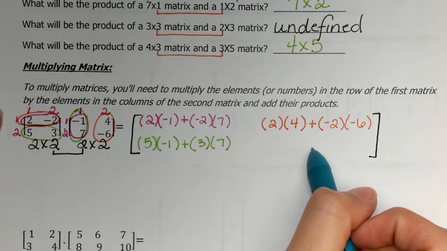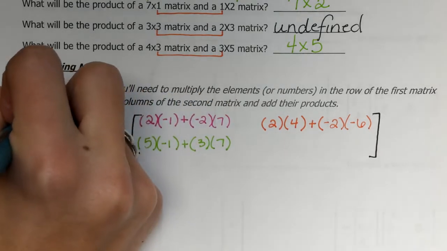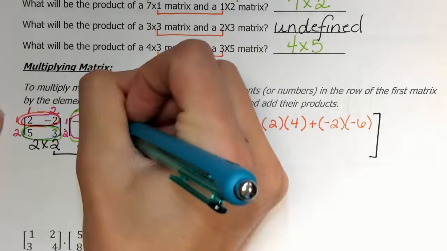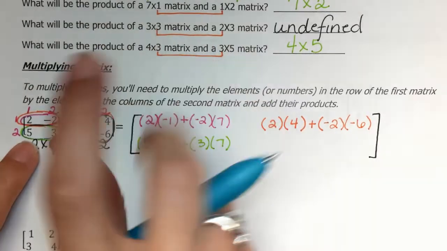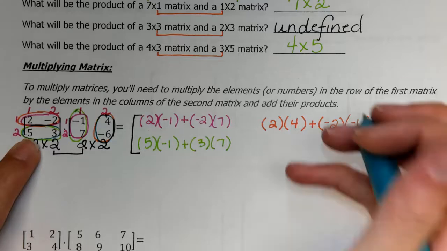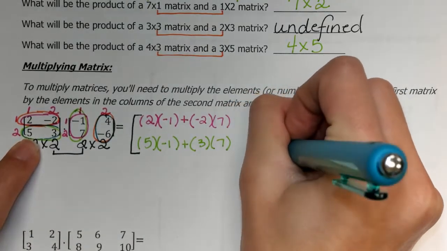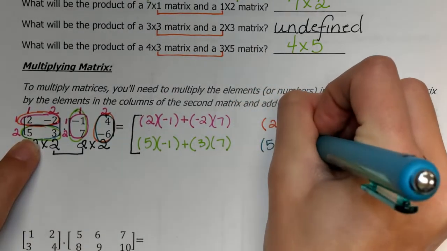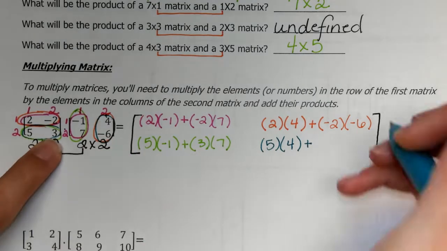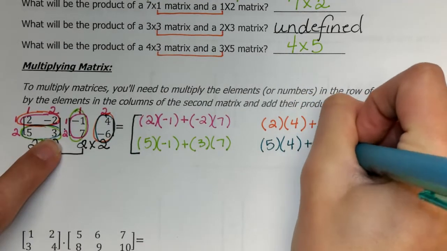Okay, now for this last part, this is my second row, second column. So I'm going to multiply 5 by 4 plus 3 times negative 6.